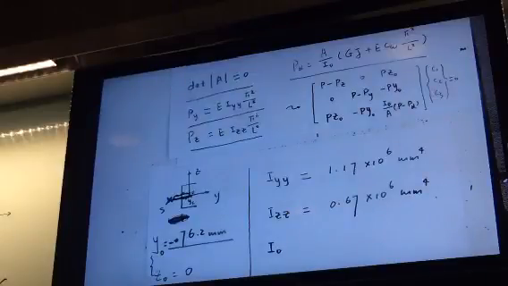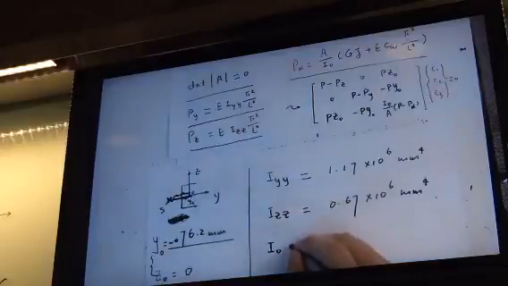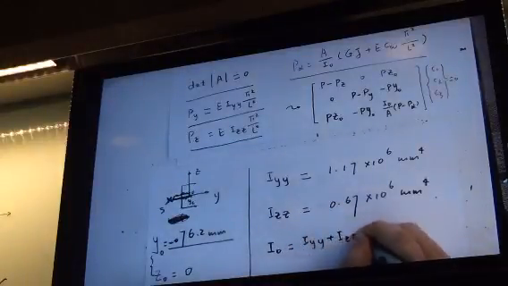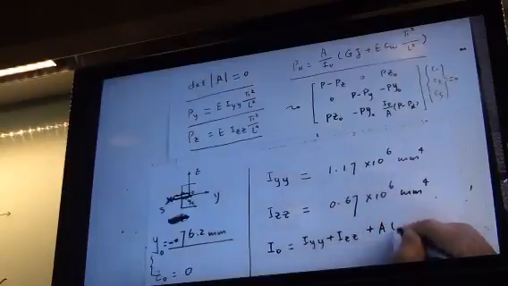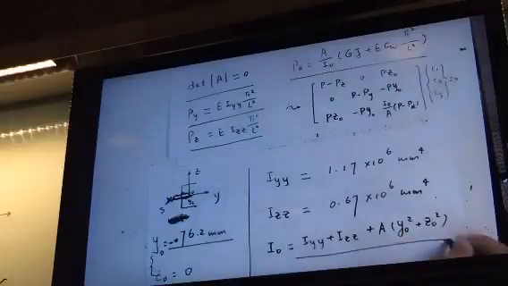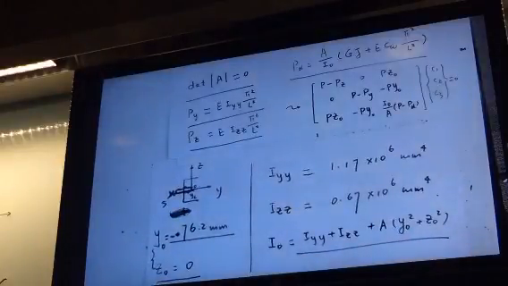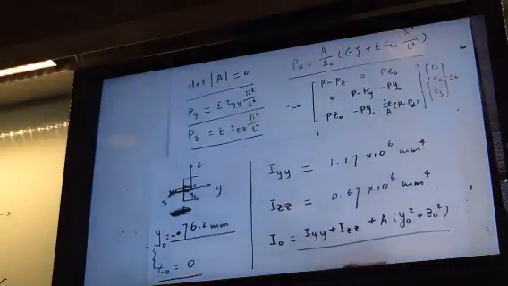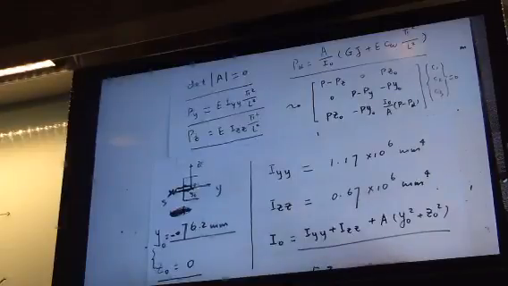So according to the definition, I0 is equal to IYY plus IZZ plus A times Y squared plus Z squared. Right now you have everything. IYY, IZZ is there, Y0, Z0 is here, A is the area of that cross section. So I0 will be 5.35 and 6.